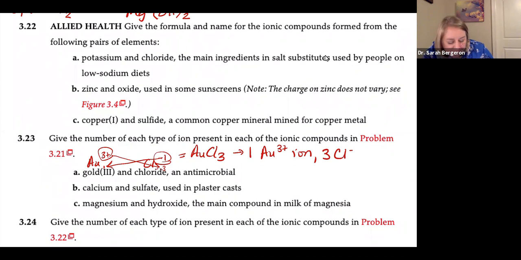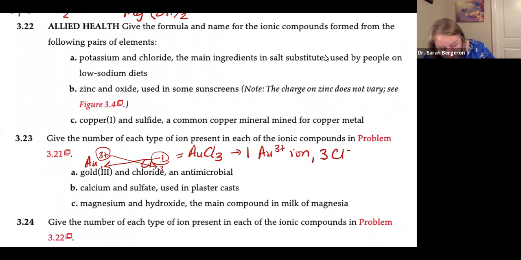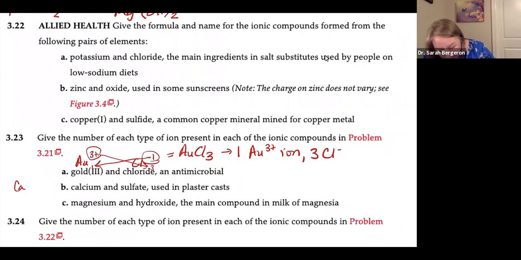Be careful with that. All right, calcium and sulfate used in plaster cuts, right? And we said that that ended up being Ca plus 2, SO4, and that was a -2. And we crossed them over and we reduced and we got CaSO4. So what is that telling me? I have 1 calcium ion.